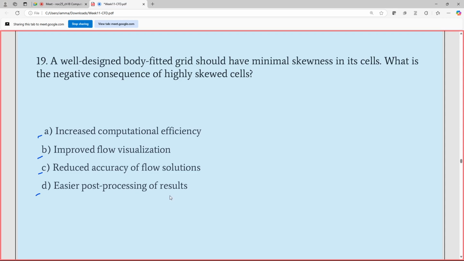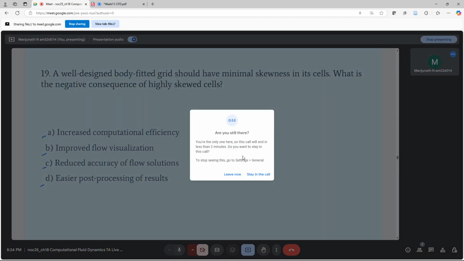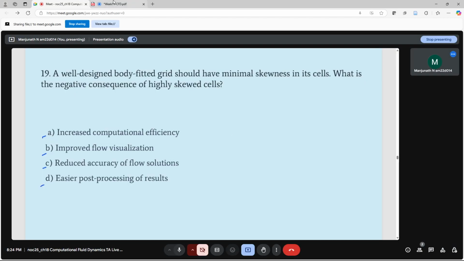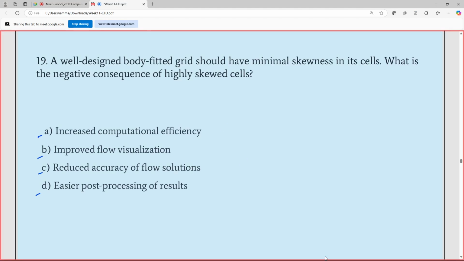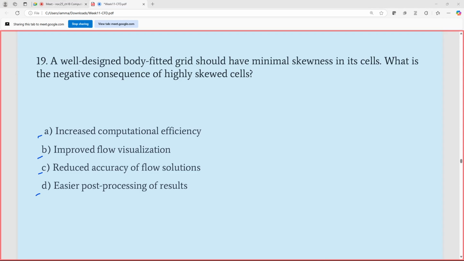Even though the question is confusing, the options are very easy. Try to answer the question.